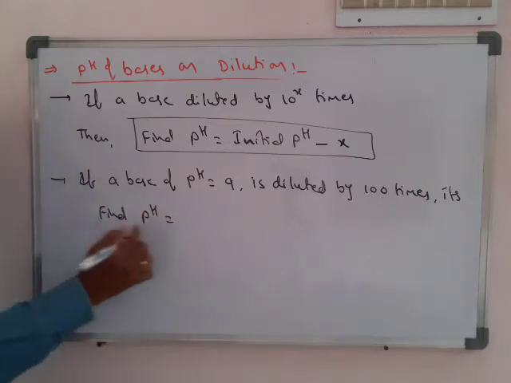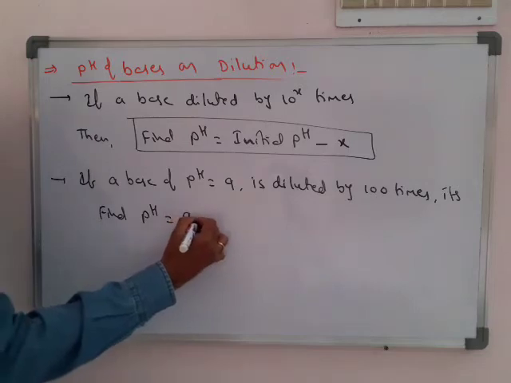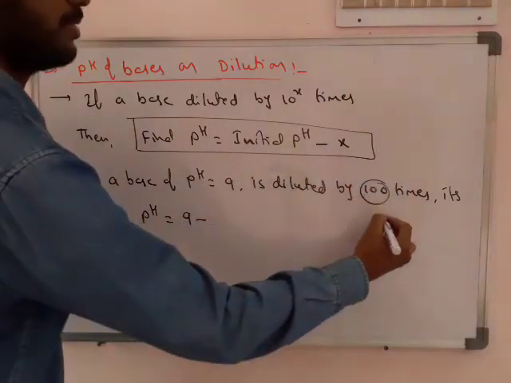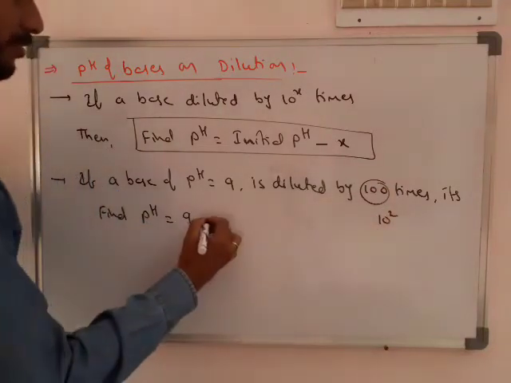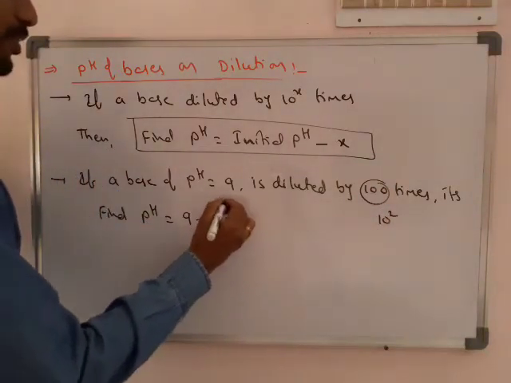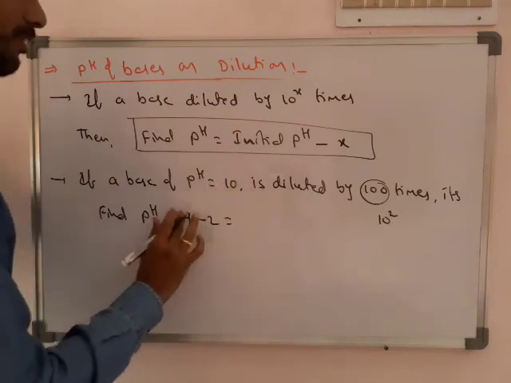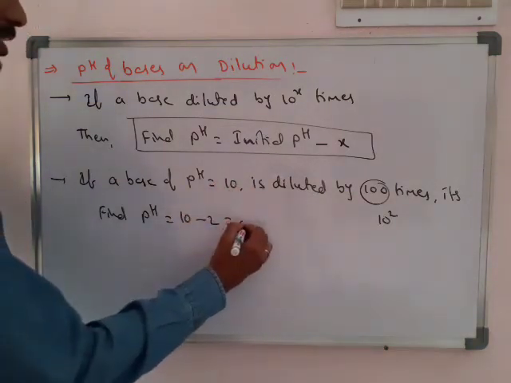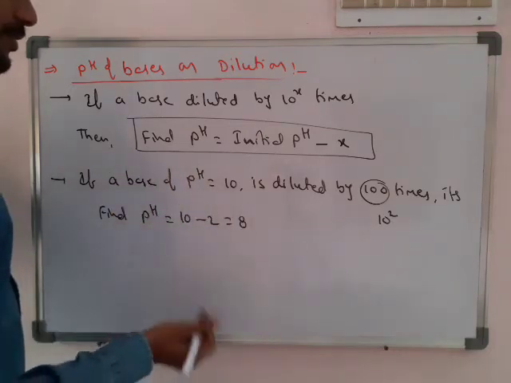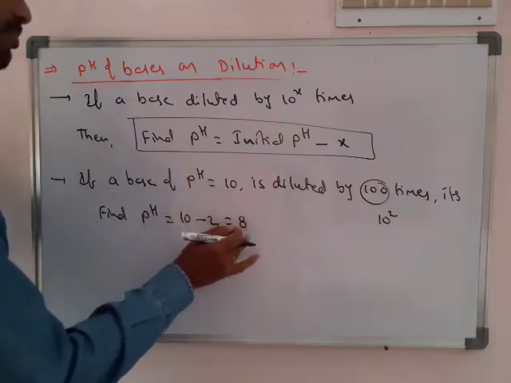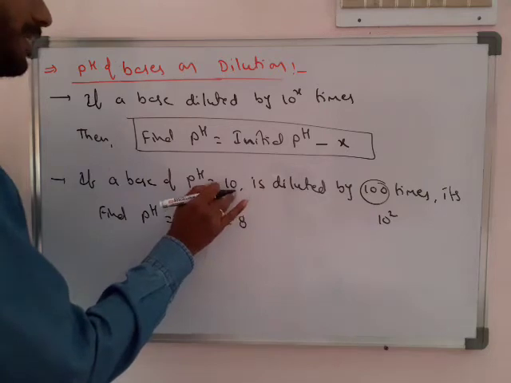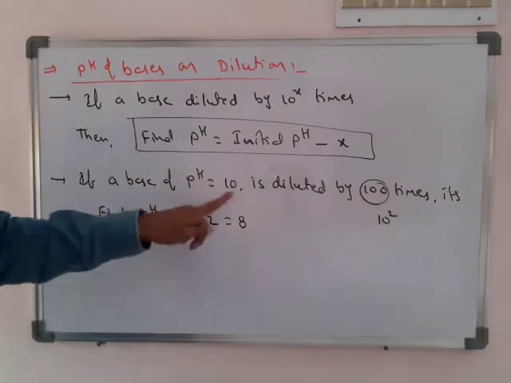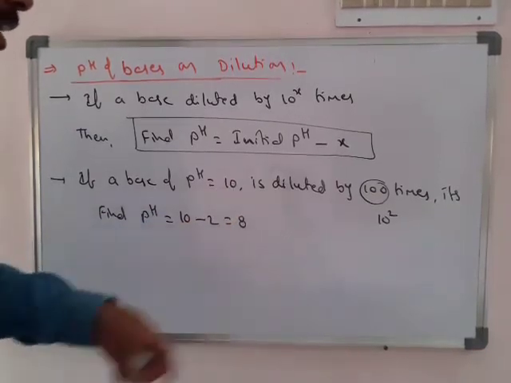Final pH is initial pH minus x, where 100 means 10 power 2, so x equals 2. Taking pH equal to 10, 10 minus 2, the pH value becomes 8. Means the pH value of the base decreases from 10 to 8, so its strength decreases.